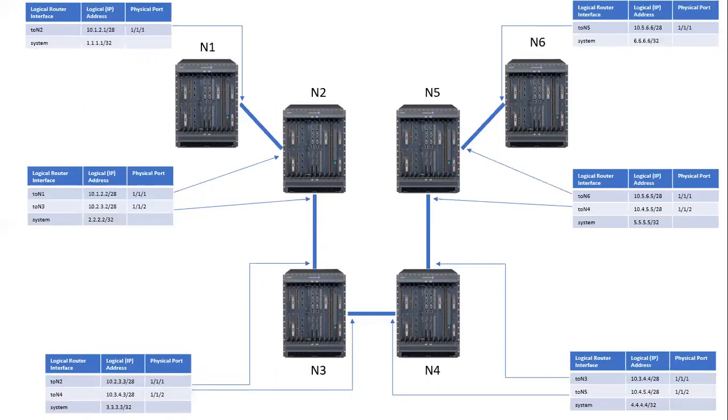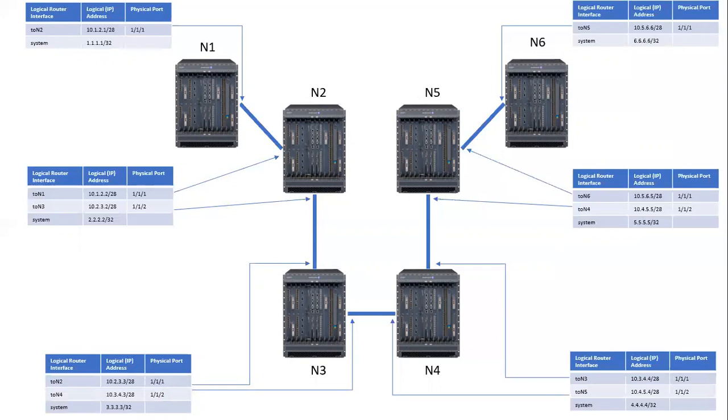And here's what our physical and logical network, or our topology, is going to look like. Each service router has its own individual table that contains the logical router interfaces, those logical or IP addresses, as well as the physical port binding for that logical router interface.